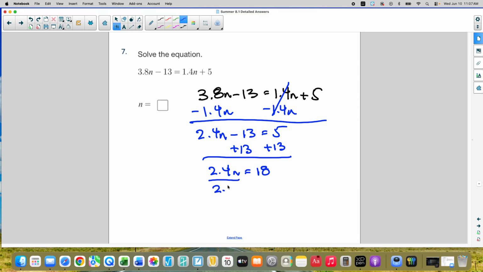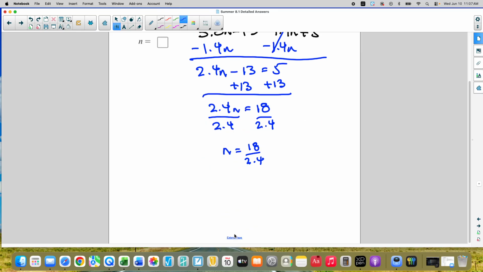We're going to divide by 2.4. And that leaves us with n equals 18 over 2.4. We can't leave that as an answer. Can't have a decimal in a fraction.